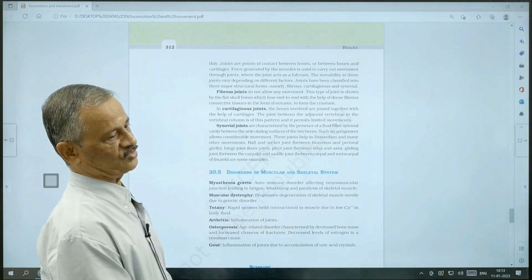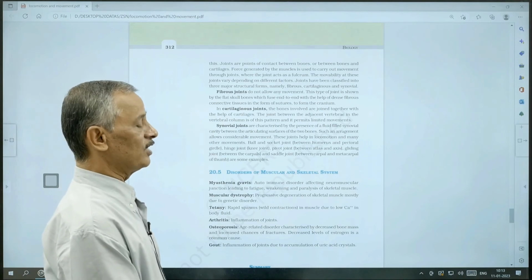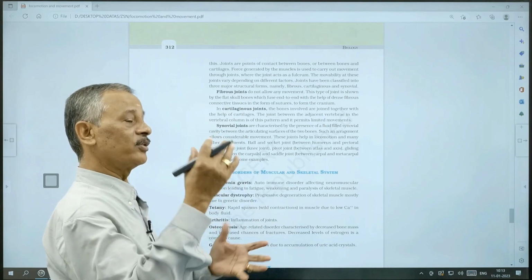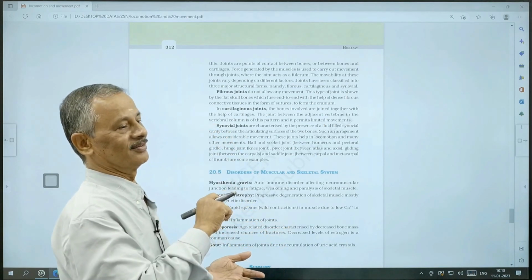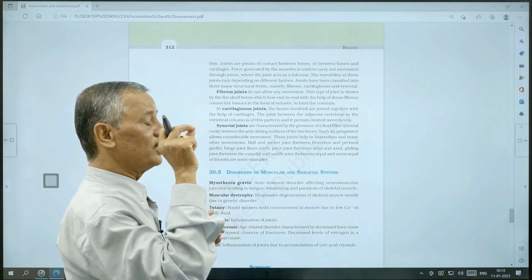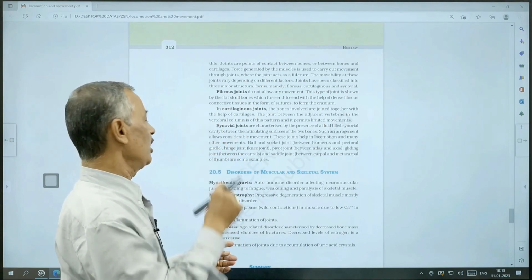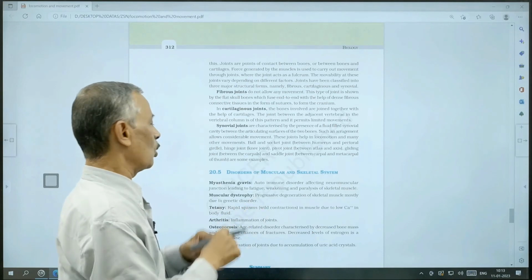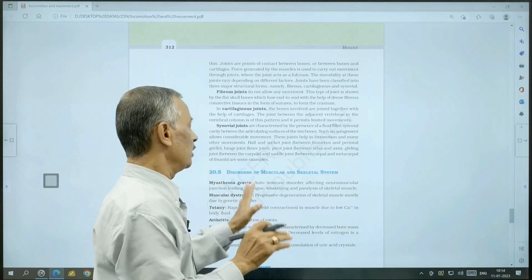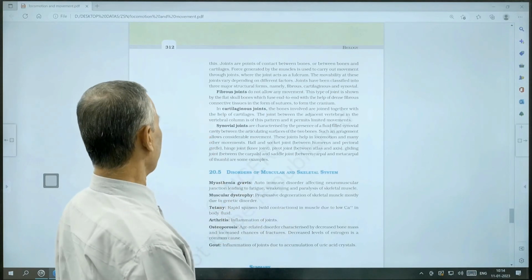Rheumatoid arthritis is one which is an autoimmune disease where our own antibodies are attacking the synovial membrane. It is caused by the attack of the antibodies on the synovial membrane, so causing the joints to become very stiff and painful. That is actually rheumatoid arthritis.